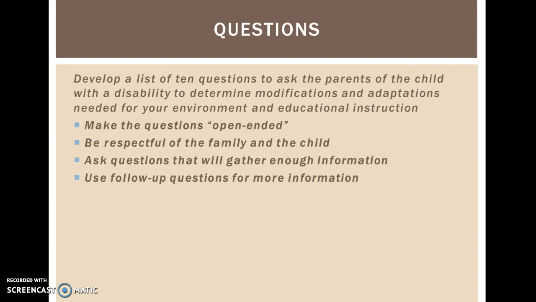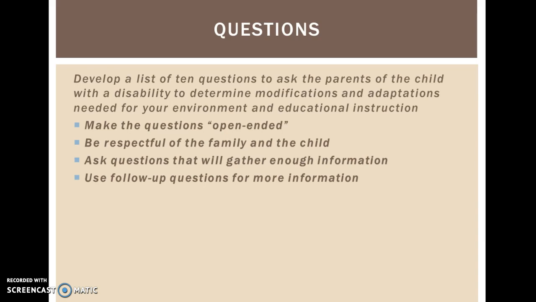An open-ended question would be, tell me about your child's disability, as opposed to, can your child walk? Because that would be a closed-ended question that would give you only a yes or no answer. So tell me about your child's disability gives you a wide open range of answers that a parent can give you.